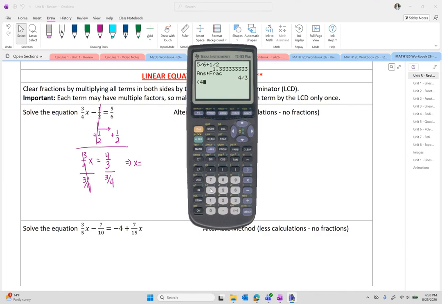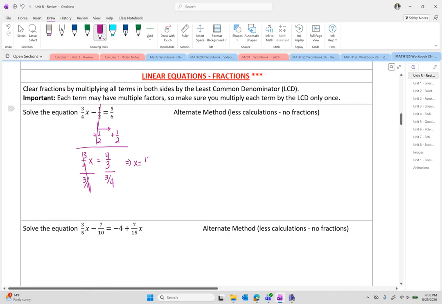So I will have 4/3 divided by 3/4. If I had a better calculator that has fractions, then I would just use the fraction function, and my calculator will do the parentheses by itself. So I'm going to convert to a fraction, and the answer is 16/9.